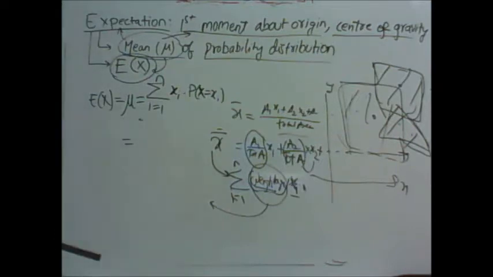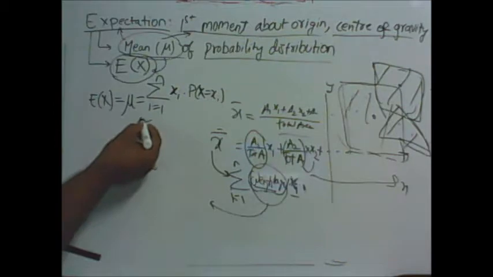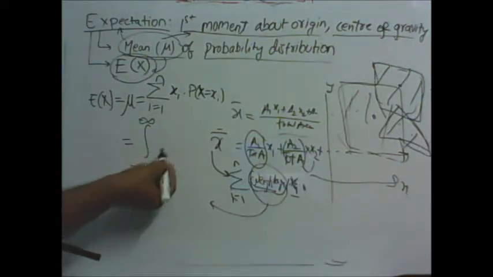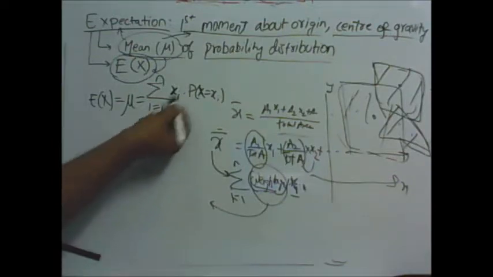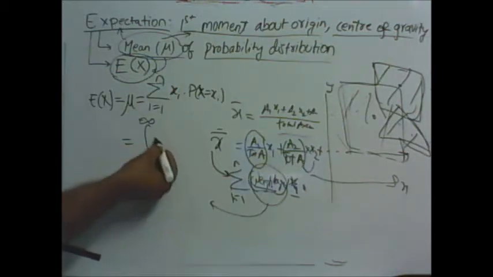If it is the continuous case, it is integration from minus infinity to plus infinity, because x is defined from minus infinity to plus infinity. In the discrete case, x is given from the first value x1 to xn. So here it is x into f of x dx.